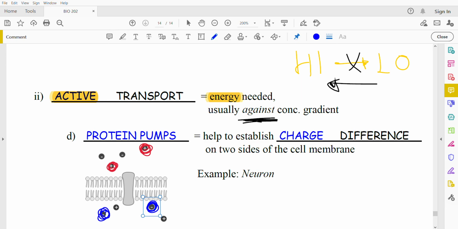And we have some of each on each side on this diagram. So there's an equilibrium to start with, there's the same amount on both sides.